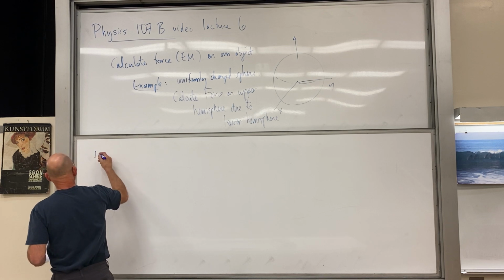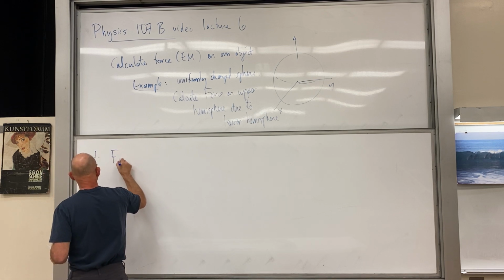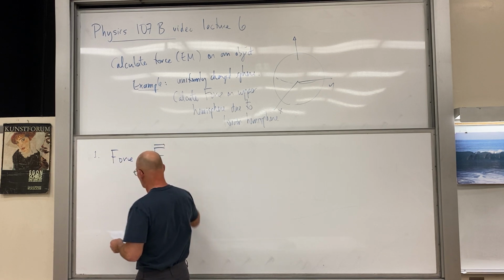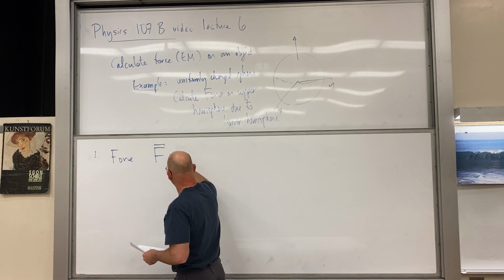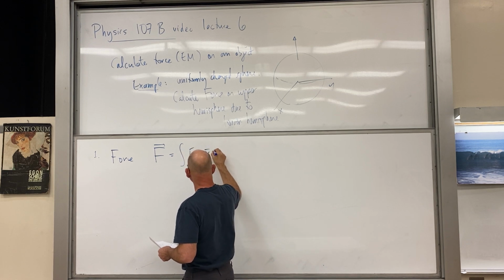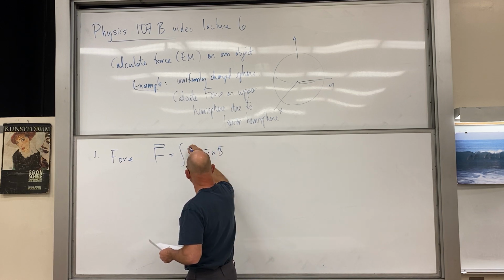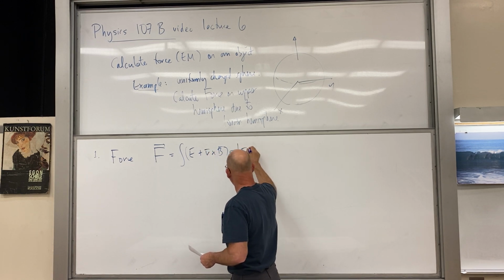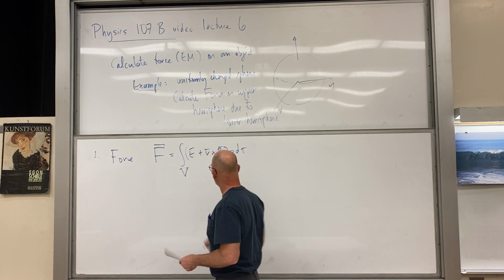So first of all, we'll just write the force, and integrate over a volume the electromagnetic force. So we've got the integral of rho times E plus v cross B, d tau over a volume.